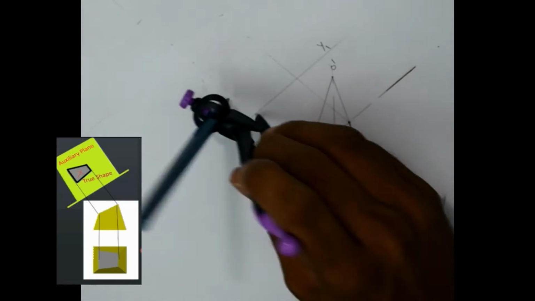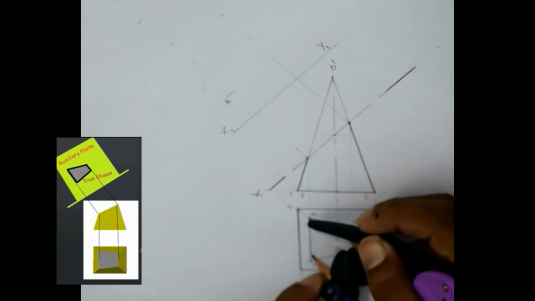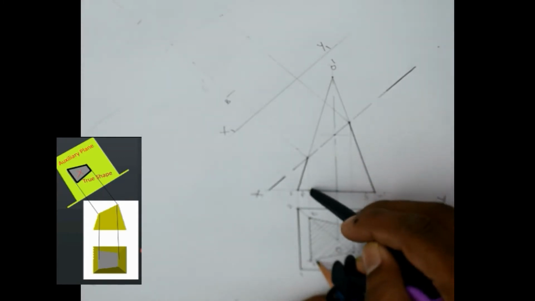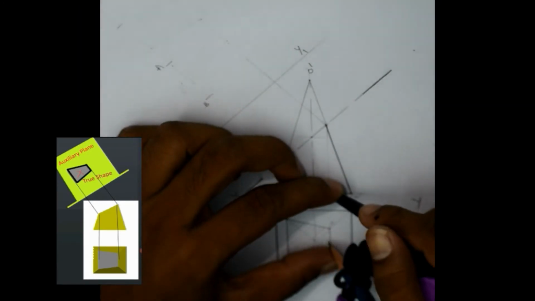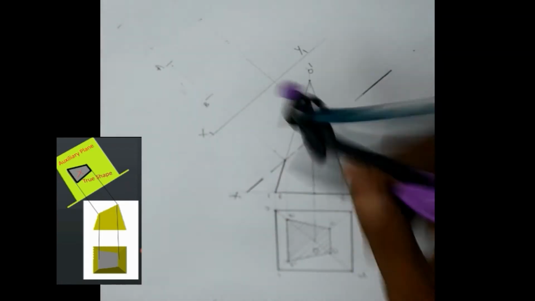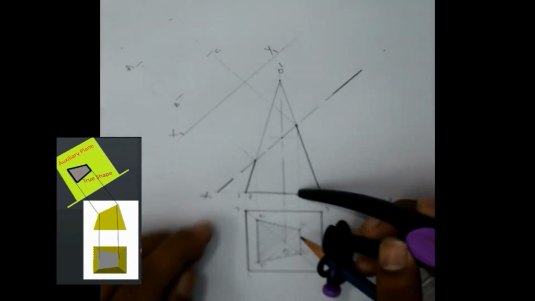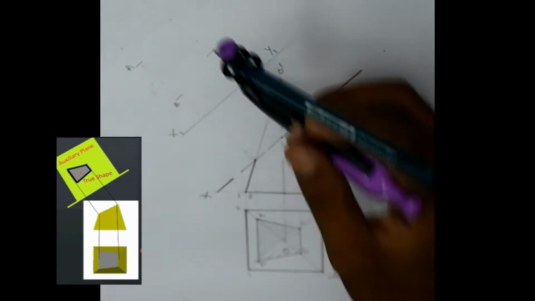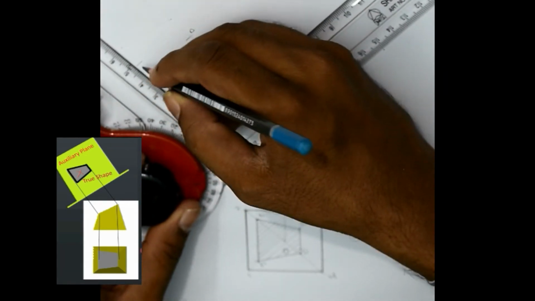So from the auxiliary plane you will get a point B, and again from the xy plane the distance of A. So this is your A point. Now we just need to join this A, B, C, D points.